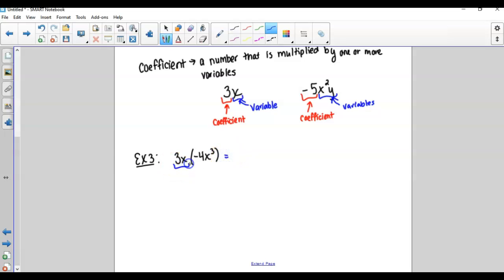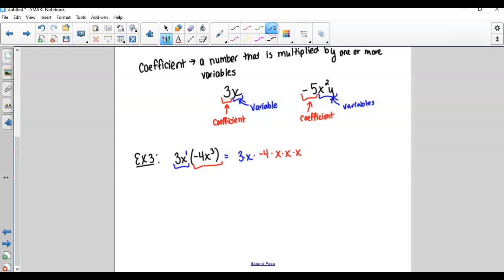So right here I've got 3x. That x does not have a power, so I could think like I'm putting that to the first power right there. So I've got 3 times x, and then for this part, I would have negative 4 times, I got 3 x's, 1, 2, 3.